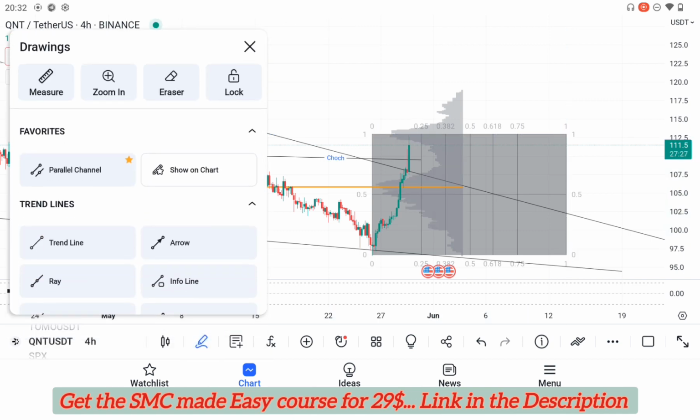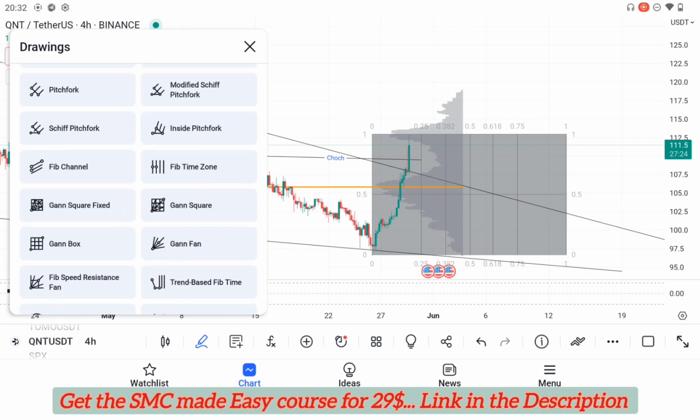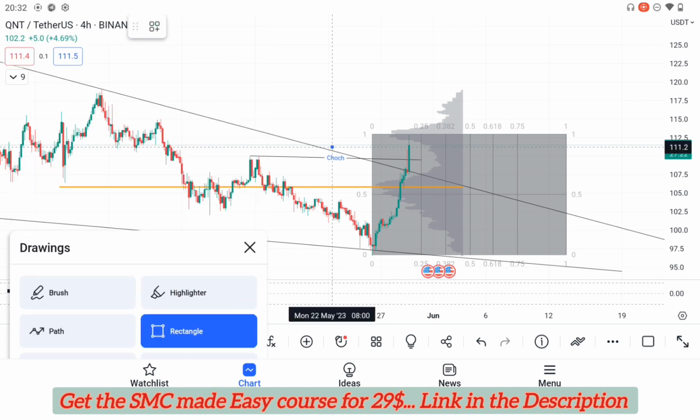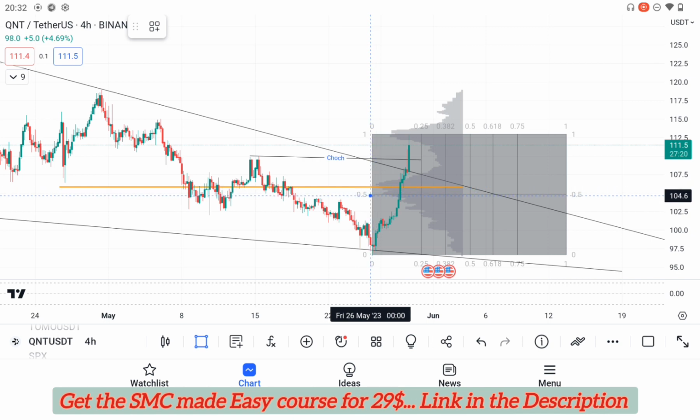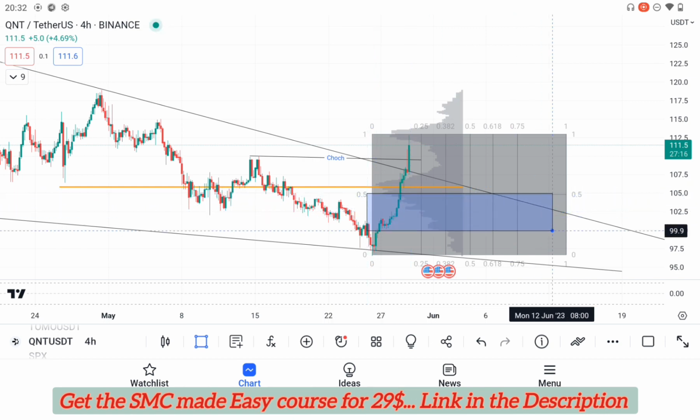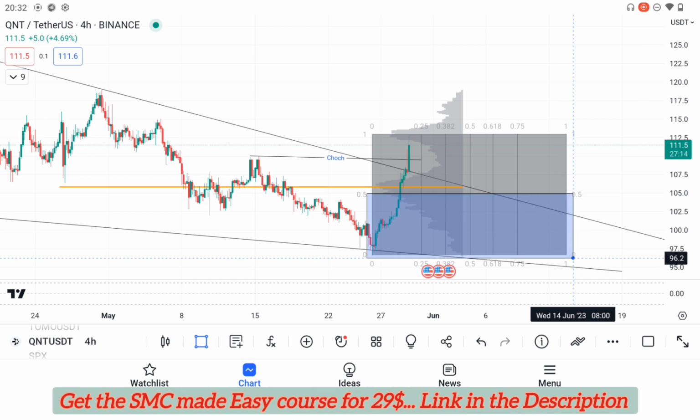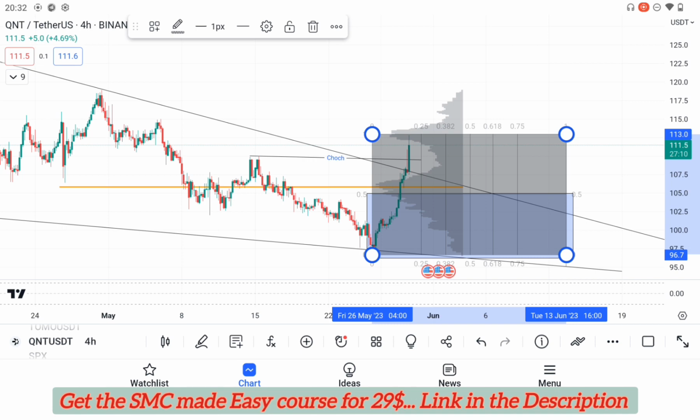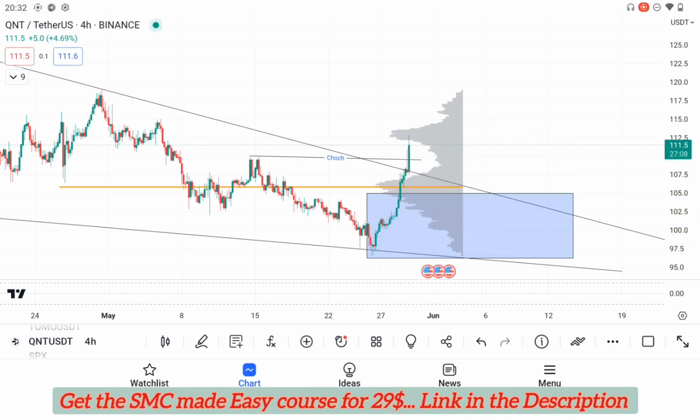I'm just going to use my rectangle tool right now to show you this key area. Having mapped that out, I'll take the gun tool out and leave that box.